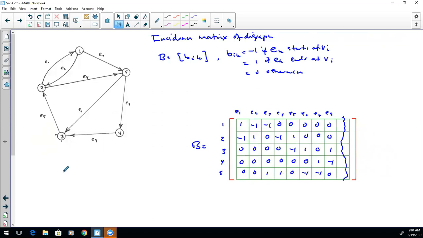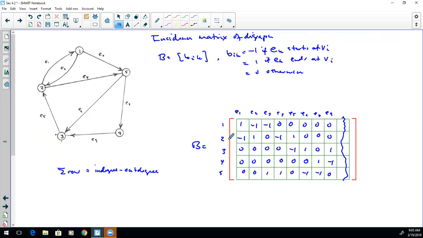Now, something to note here, if you add up a row, that's the in degree minus the out degree. So if we added up row 1, we'd have 1 minus 1 is 0, minus 1, you'd have a negative 1.